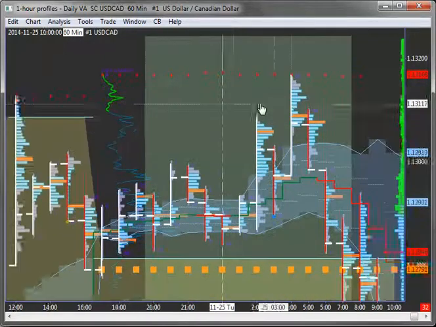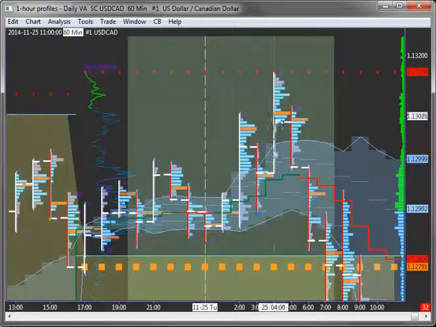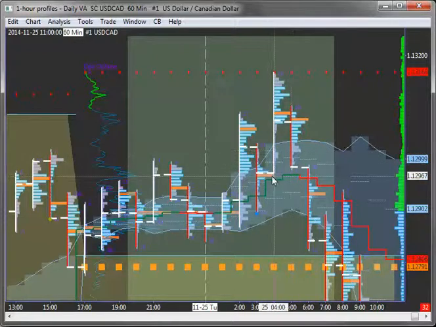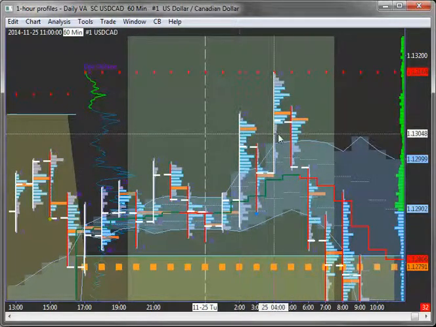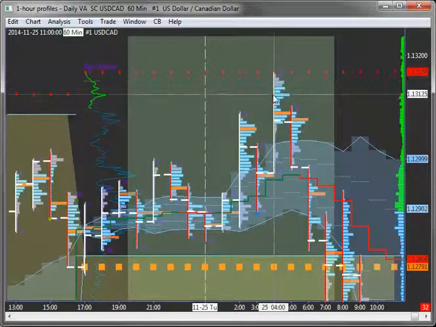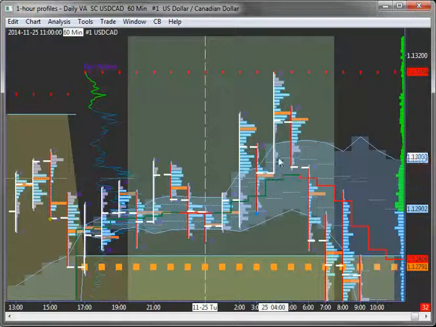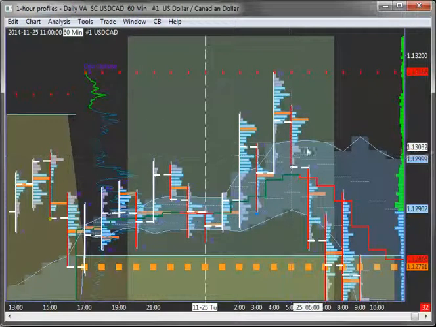But then we close below yesterday's high, and it's interesting because this bar here opened and only went one way, and so this thin area here, I would expect that at some point between 4 o'clock and the New York session open, it would get revisited, and it did at the very next bar.